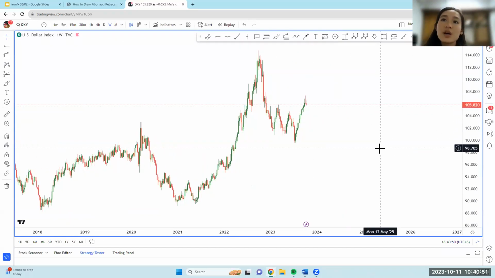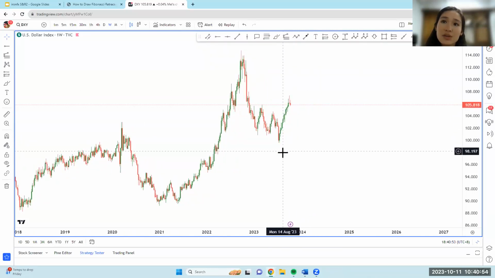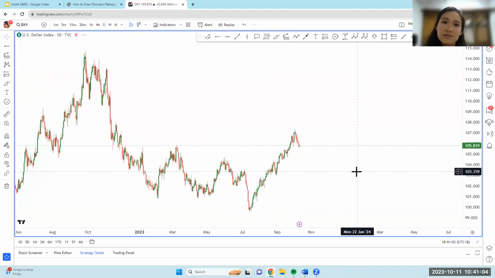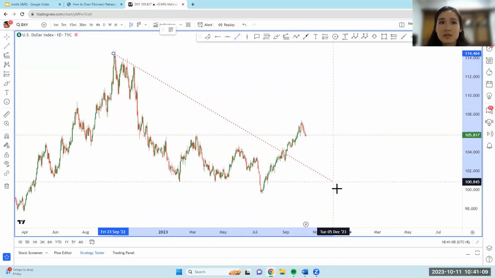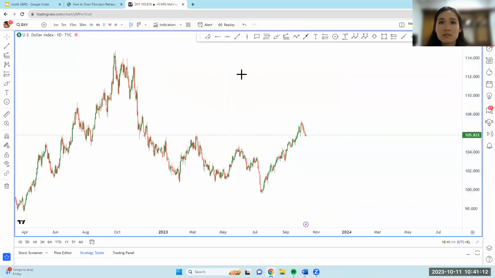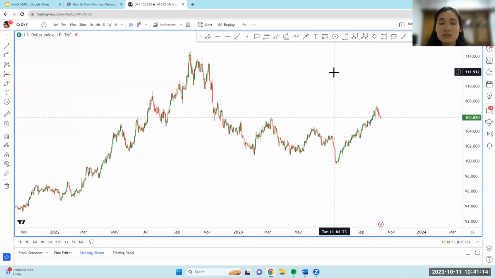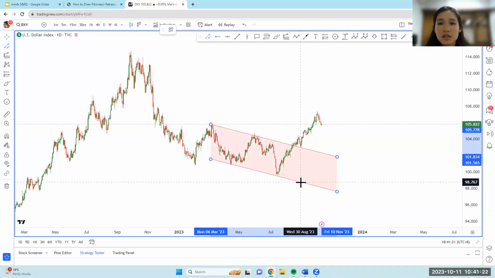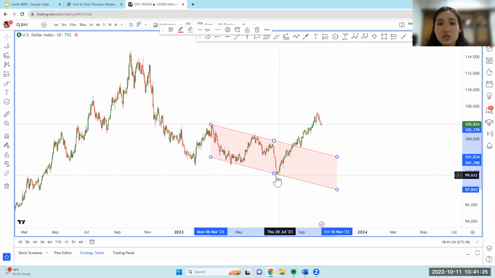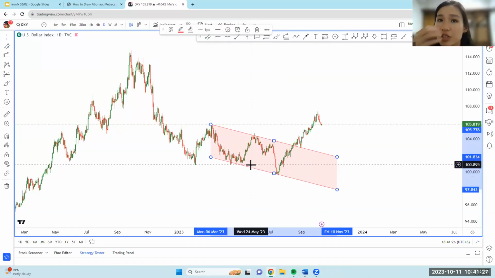Okay, so here's our weekly time frame. We see prices generally in an uptrend. Okay, but there is a slight reversal over here. Okay, let's look at our lower time frames. Okay, so earlier we talked about trend channels and the breakouts of trend channels.